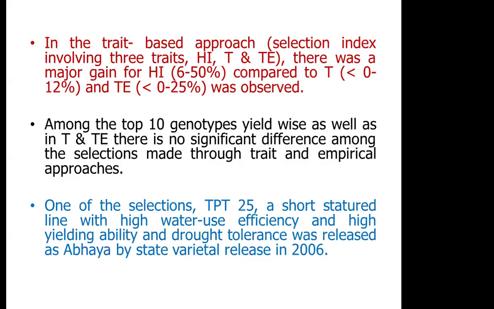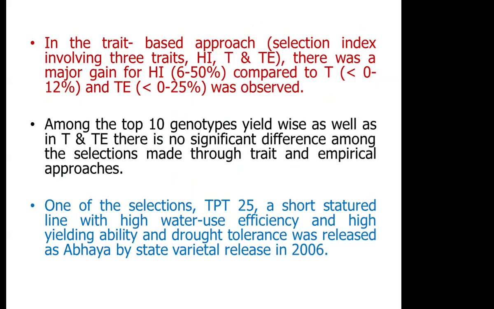And here they constituted a selection index for selection in a trait-based approach, considering harvest index, transpiration, and transpiration efficiency. And here there was gain, no doubt, with respect to harvest index compared to T and TE.